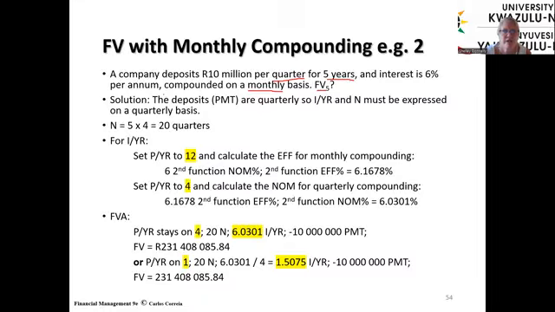And we've got an annual interest rate compounded on a monthly basis. Okay, N will be 20 regardless. So let's try and get an effective annual rate for monthly compounding.